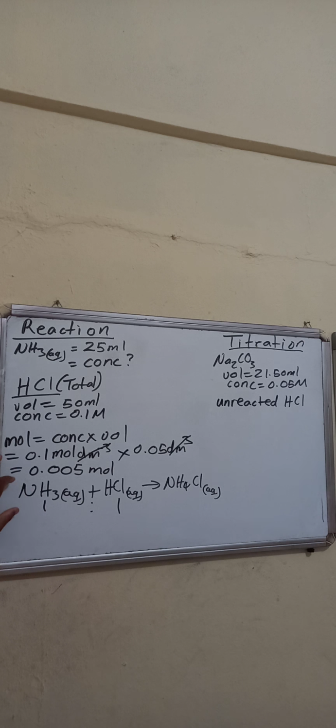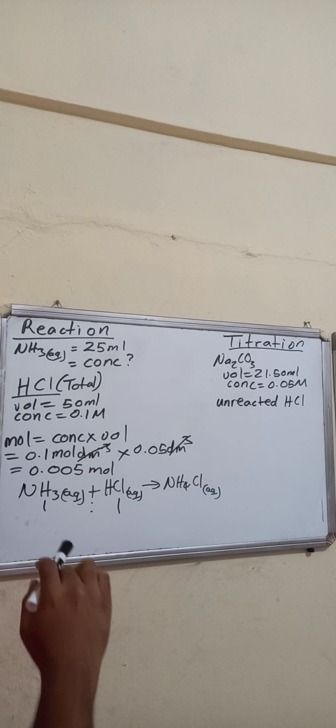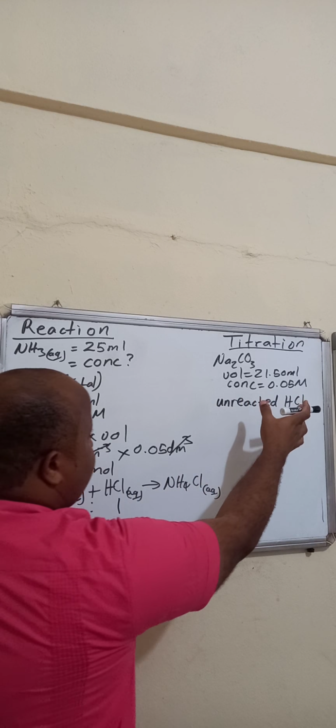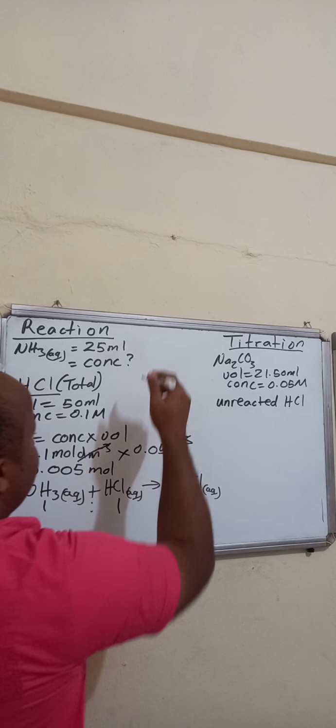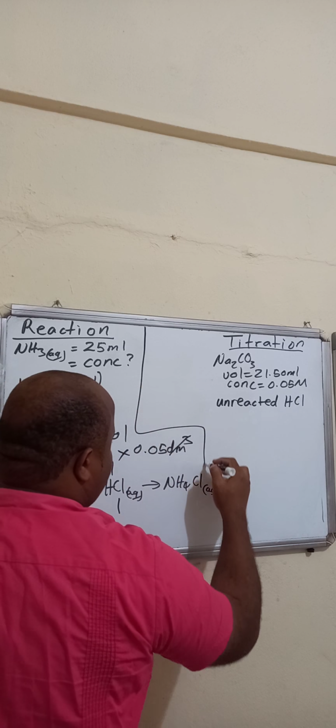So once you reach this part, you are going to pause here and move on to the titration. So when we start with the reaction, we calculate the total moles, write our equation, write the mole ratio, and pause for that part. Now let's go over to the titration aspect of the experiment.